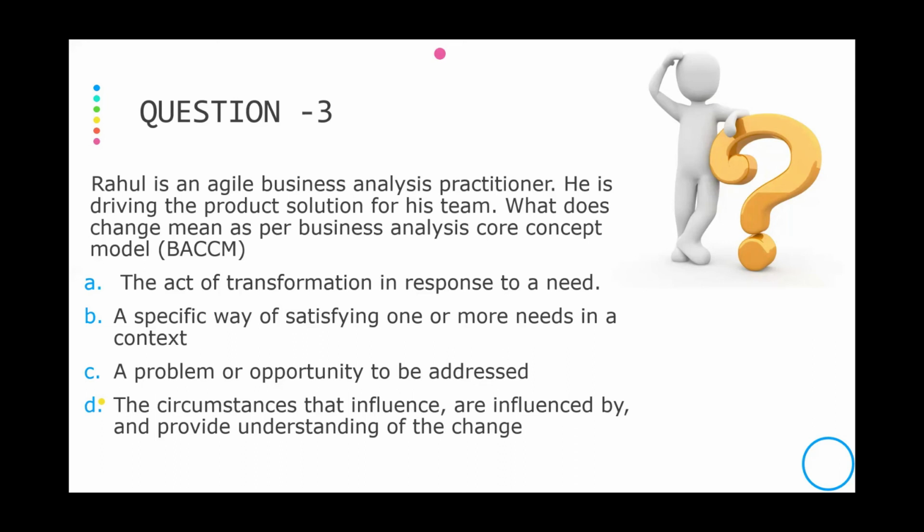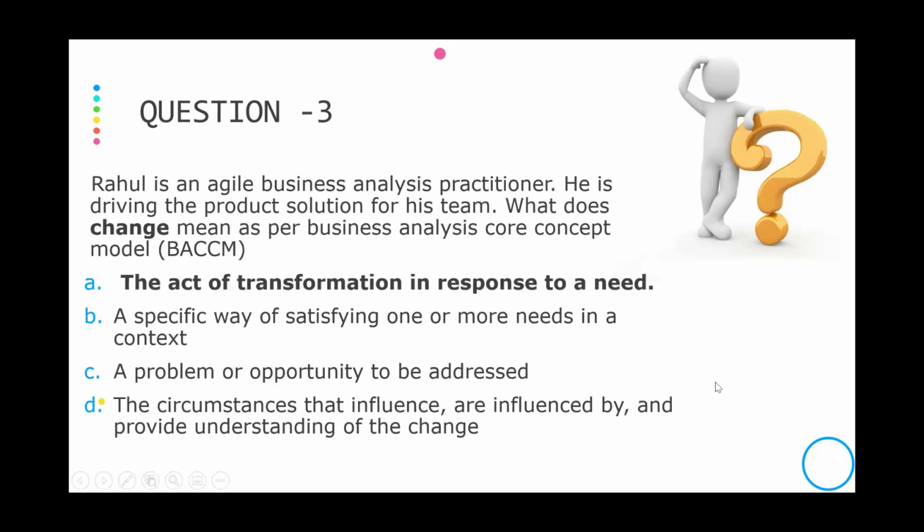This should be straightforward. So the right answer is the act of transformation in response to a need. As we just said, the specific way of satisfying need is solution, the problem or opportunity is the need, and the last one, the circumstances that influence, are the context.